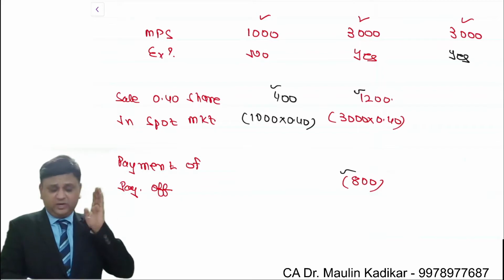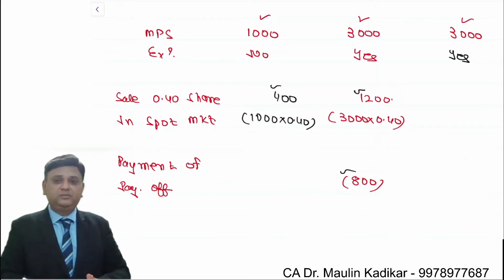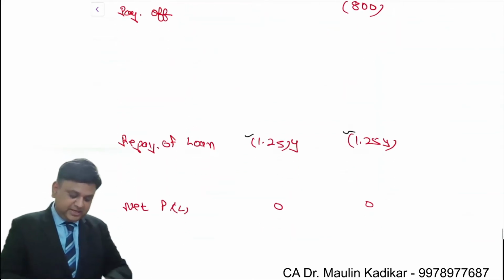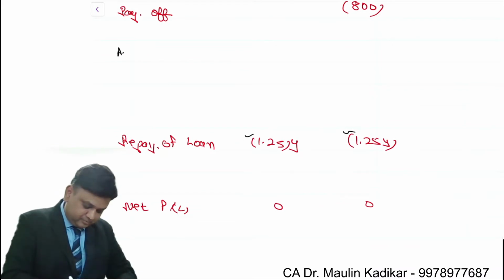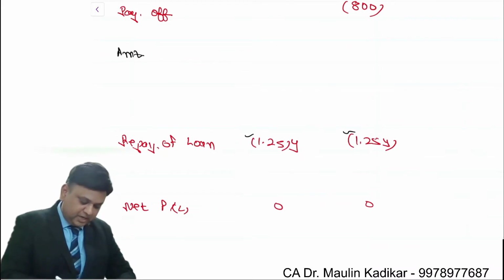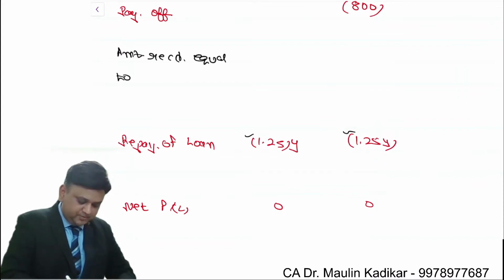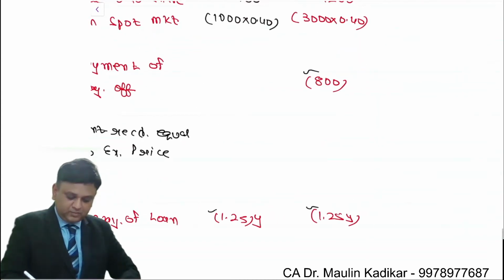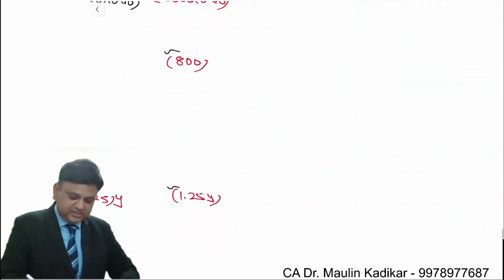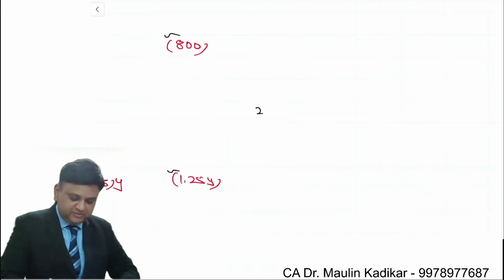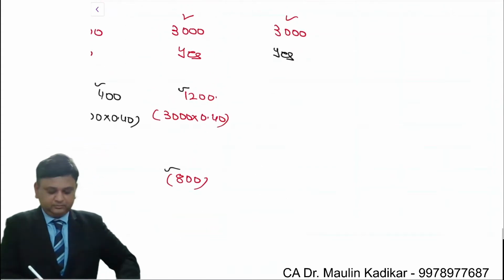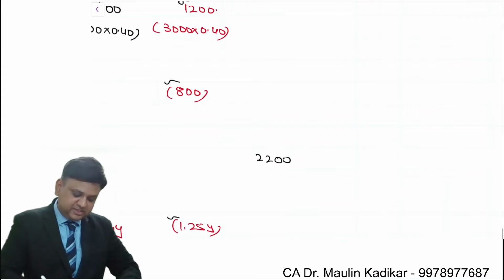He says no, I want to buy the security only from you. Okay. Then in that case you will have amount received equal to exercise price. Why? Because he is exercising his right. So you receive an amount of 2200.